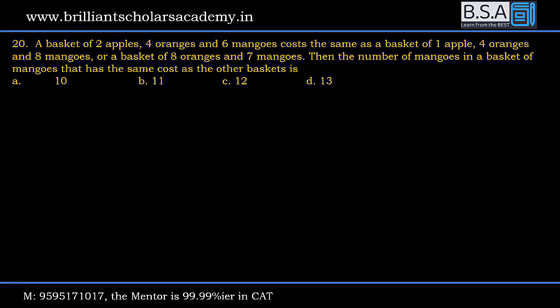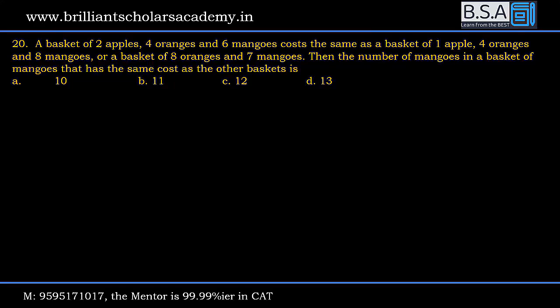Give it a shot. A basket of 2 apples, 4 oranges, 6 mangoes cost the same as a basket of 1 apple, 4 oranges, 8 mangoes, or a basket of 8 oranges, 7 mangoes.